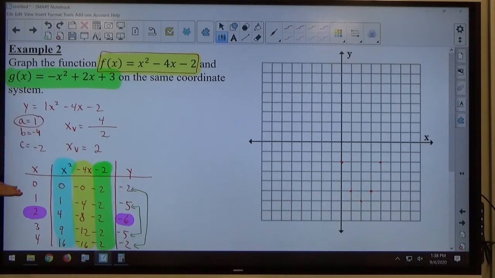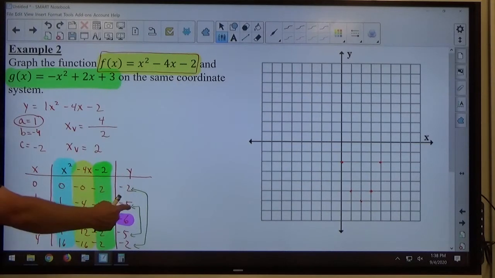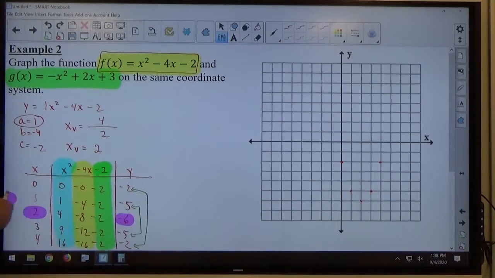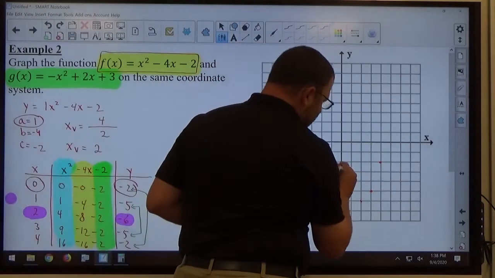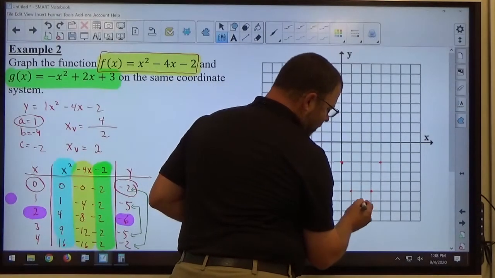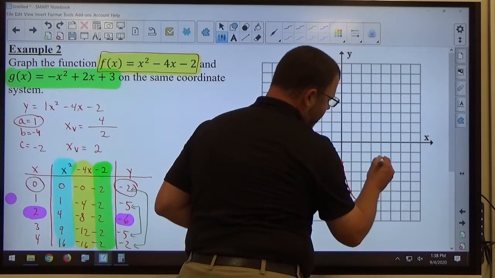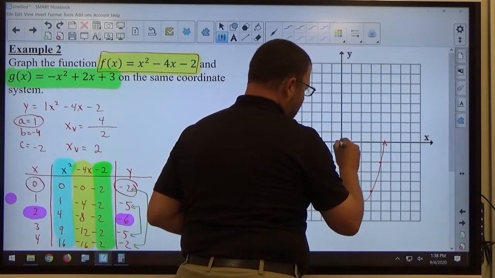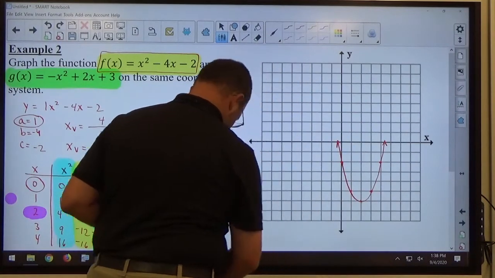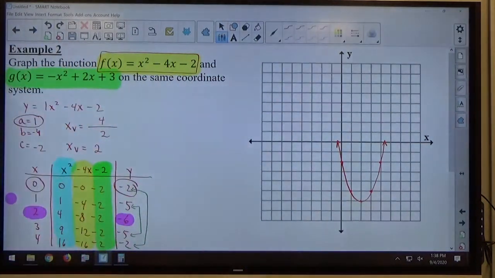So once we plot the 5 points, x 0, y negative 2, x 1, y negative 5, x 2, y negative 6, it's an extended chart, but I'm looking at the ordered pairs, x, y, to plot. So I'm going to connect those dots with my parabolic shape. I know that's my vertex, the lowest point, so I make sure that the graph turns around there. I continue on in both directions. There's my parabola. So f of x is graphed.